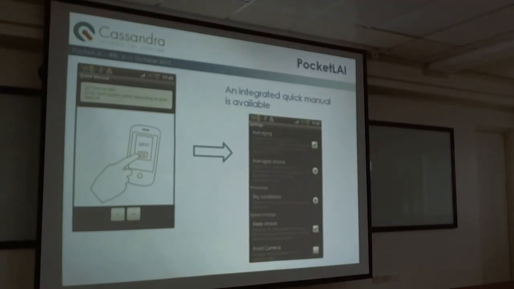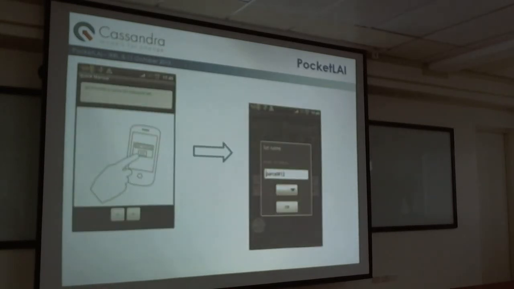For example, you know that in that case, under those conditions, in order to get a representative measure, you have to perform 5 replicates. You can say here averaging. Average shoots, you click and you give the information of 5 replicates. So there are automatic statistics calculated by the device, and so on.